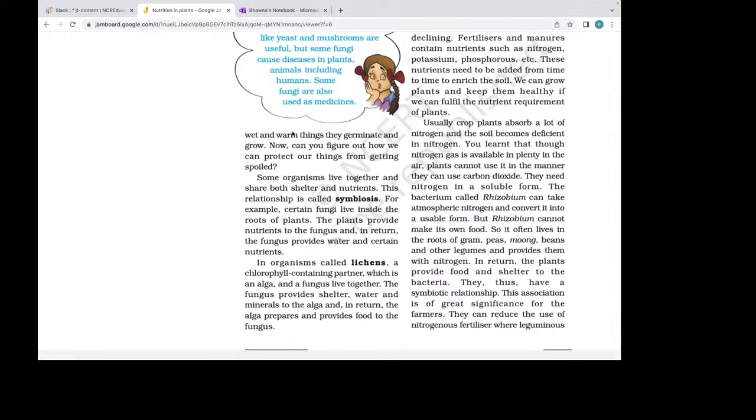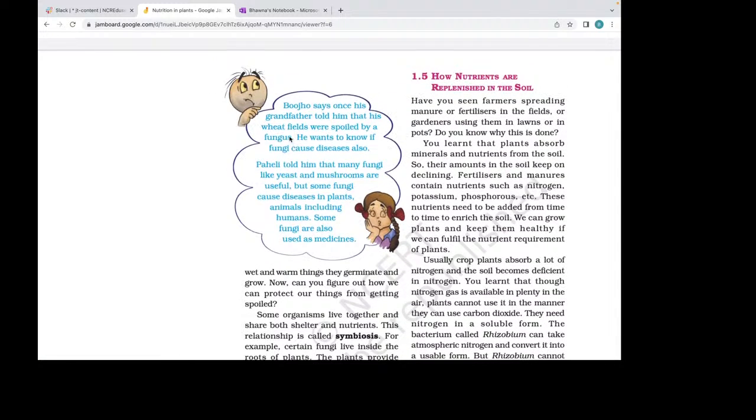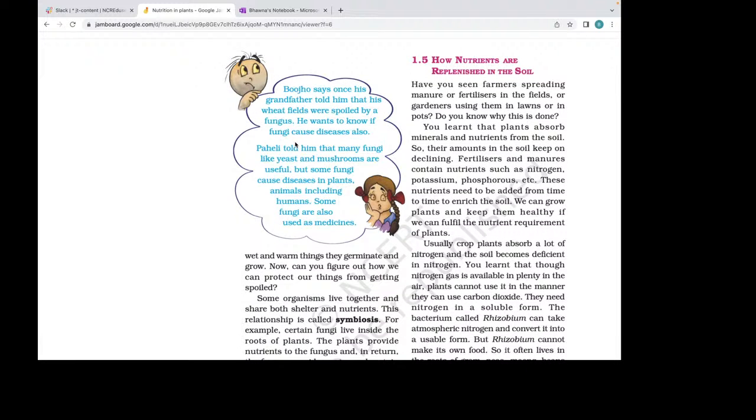Okay. Now what does Bujo want to know here? Bujo says once his grandfather told him that his wheat fields were spoiled by a fungus. He wants to know if fungi cause diseases also. So yes, fungi can also spoil your fields.